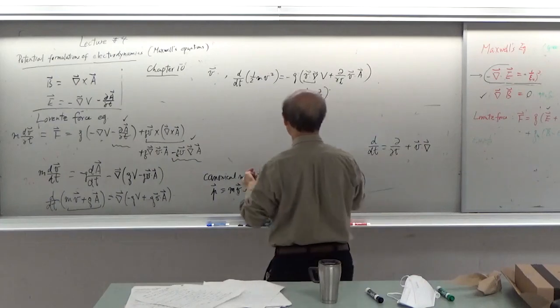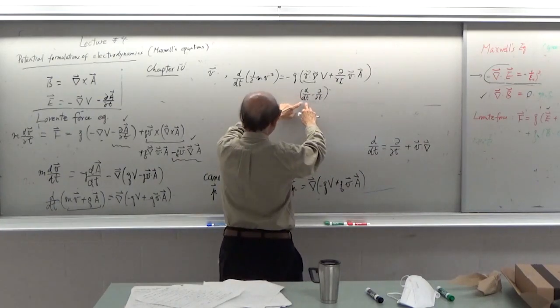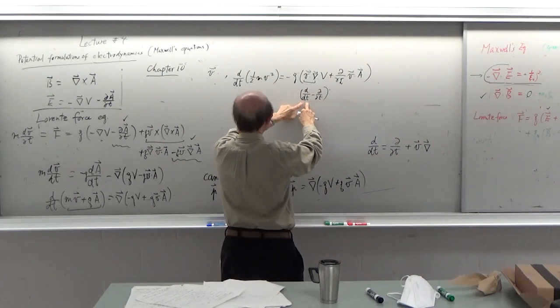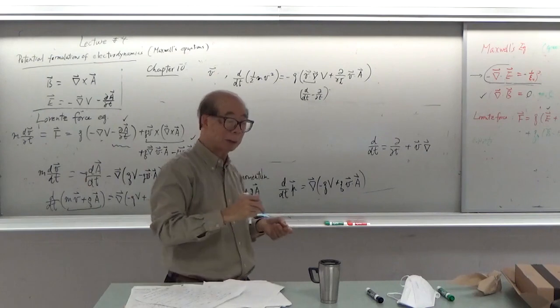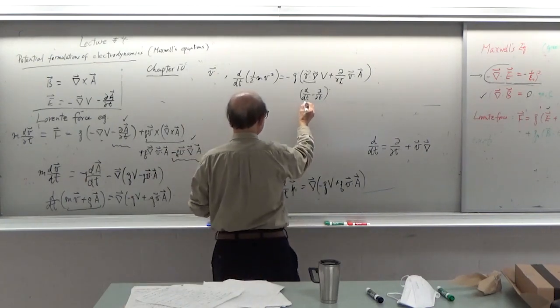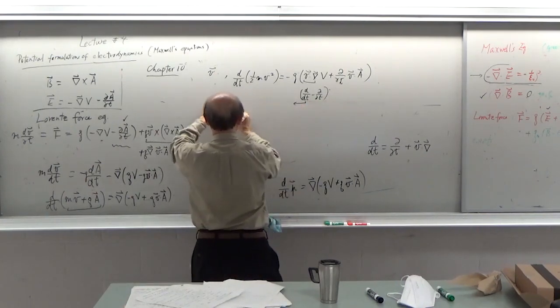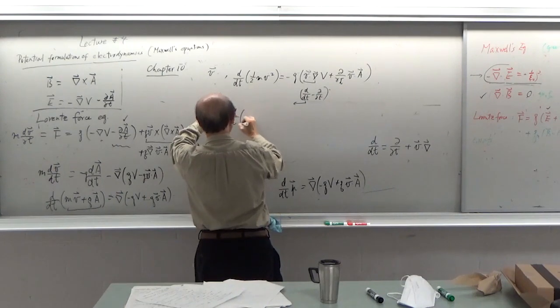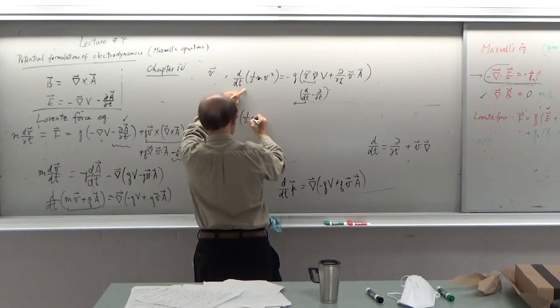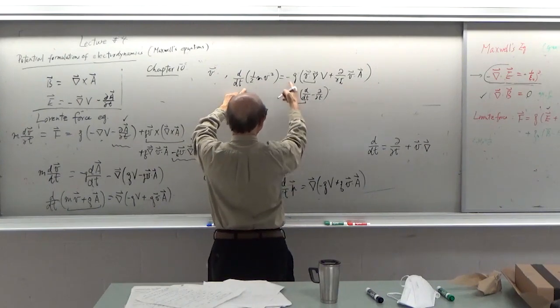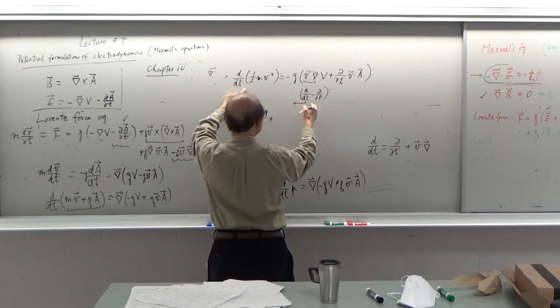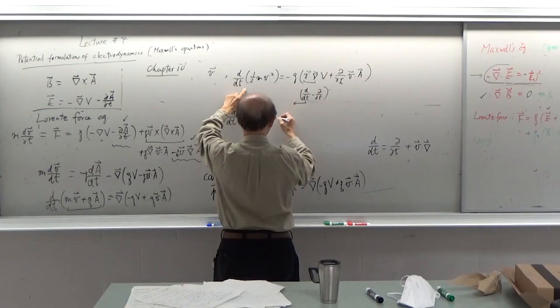So that I now have a term d by dt on the right side, which I'm going to move to the left-hand side, since the left-hand side involves a term d by dt. Then I have d by dt acting on one half mv squared, minus becomes plus, qV.